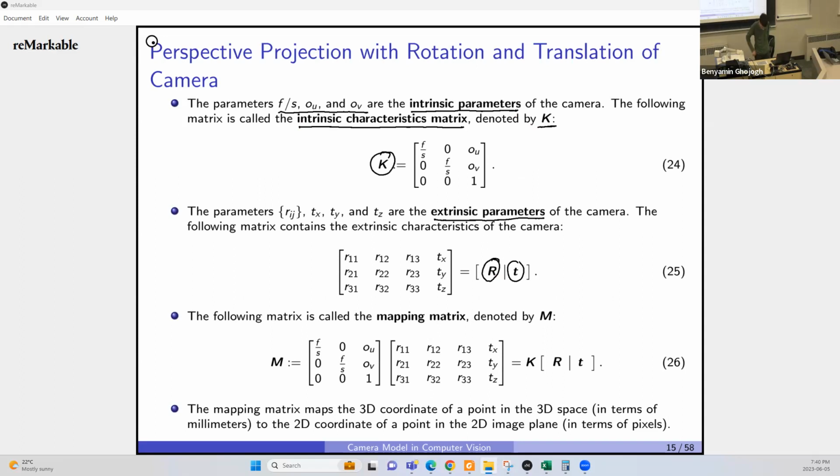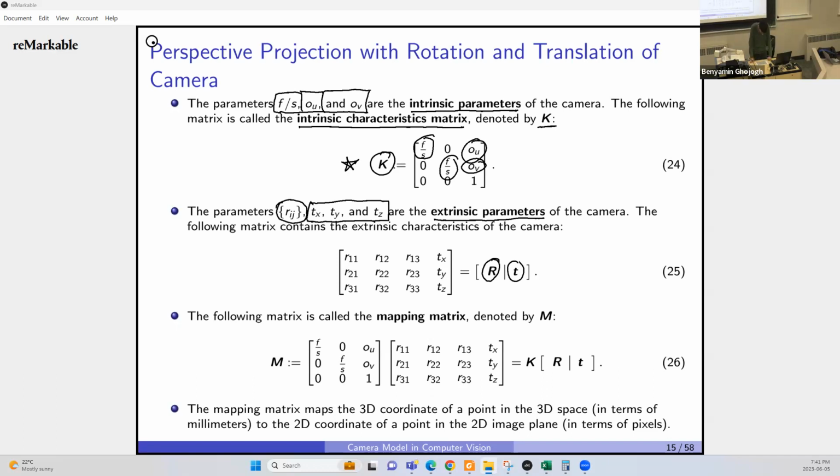As you see, the intrinsic parameters have only f over s, ou, and ov. The other ones are zeros and ones. So these only three things are the intrinsic parameters, and the rotations, we have 9 of them, and tx, ty, tz, 3 of them. These are extrinsic parameters.